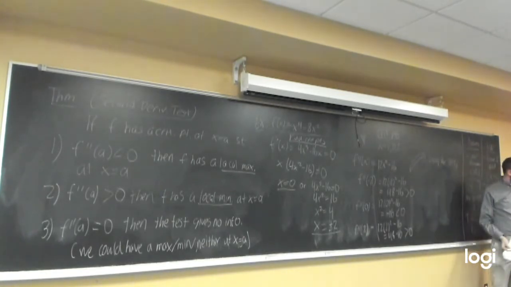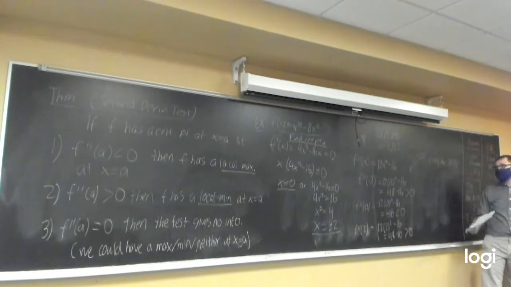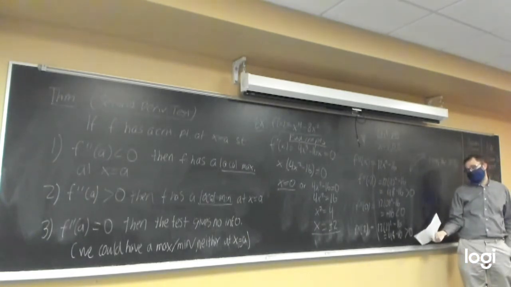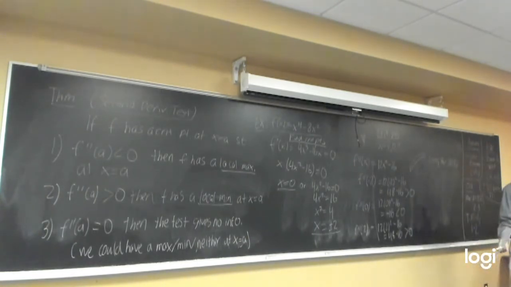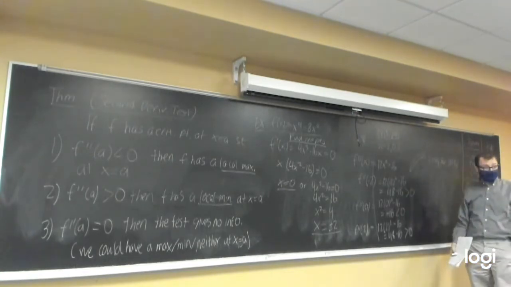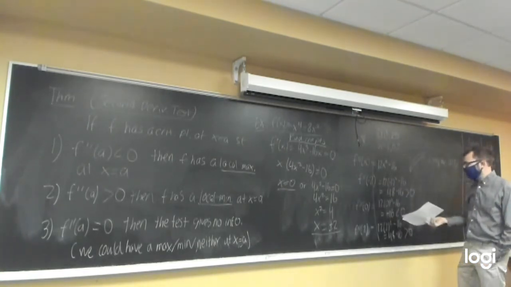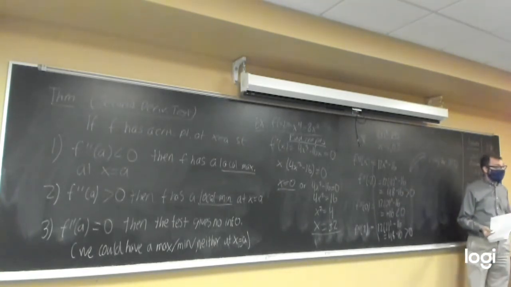So at our 3 critical points, at x equals negative 2 and positive 2, the second derivative came out to something positive. Whereas at x equals 0, our second derivative ended up being negative.